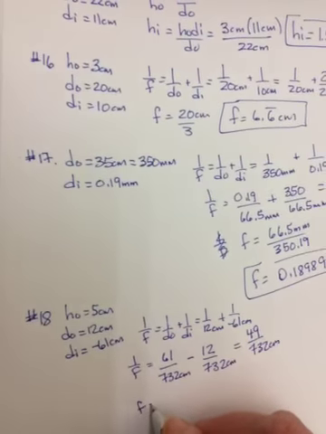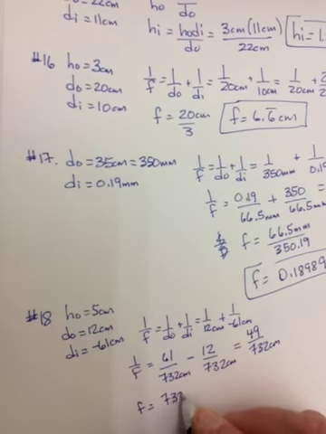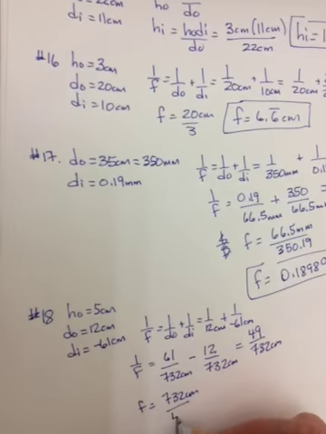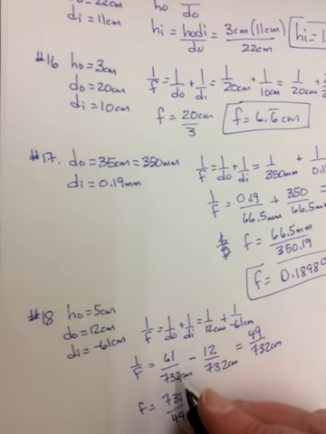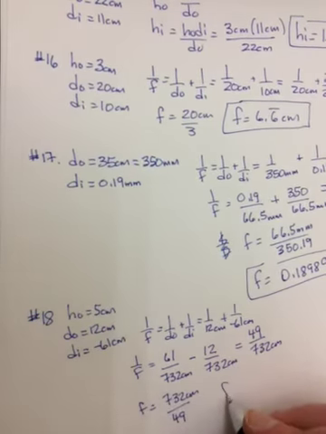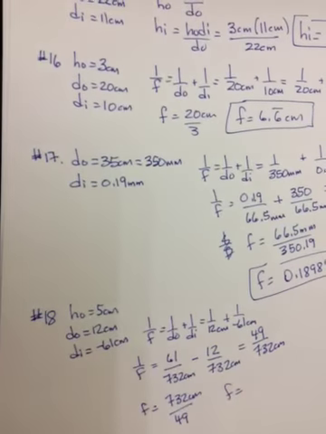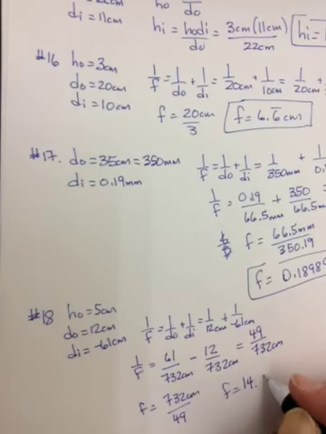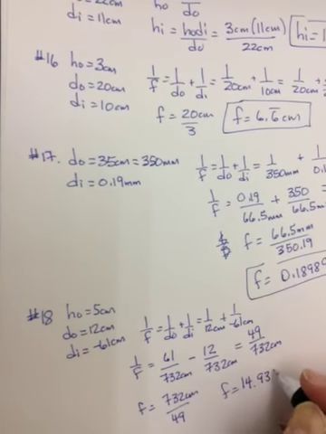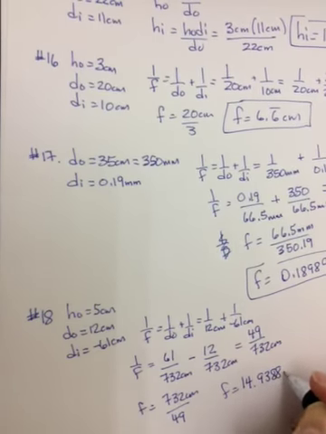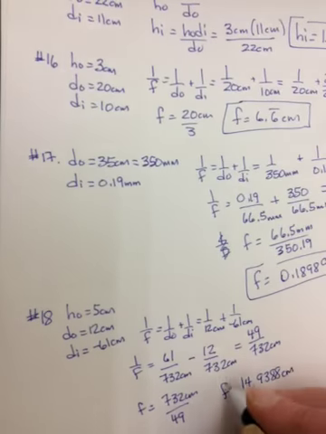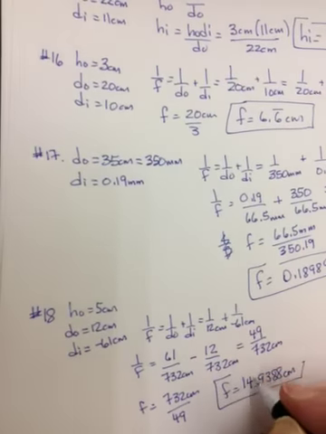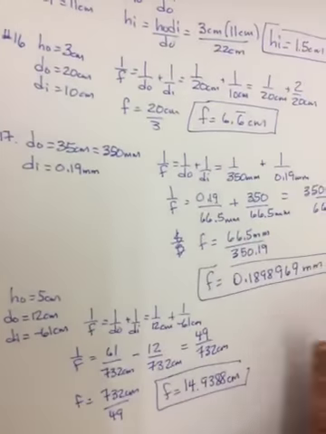So F will be equal to 732 centimeters divided by 49, right? 49, yeah. So F is equal to 14.9388. It goes on like 77, but I'm not going to. Okay, that's your F. Can we get the last one done?